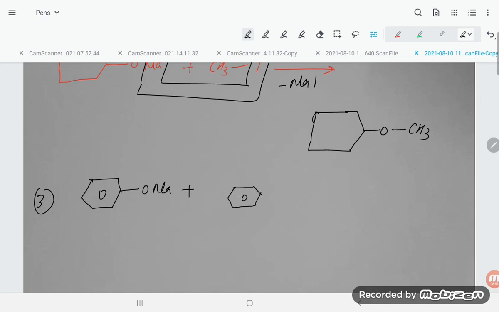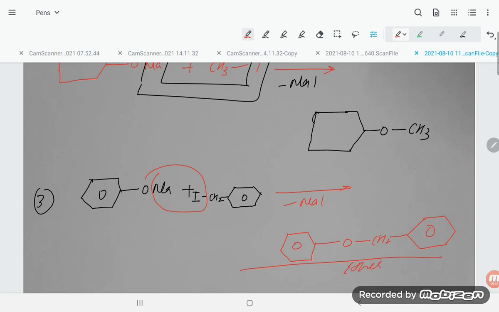This is the benzylic halide. Here is CH2 and here is I, right? So dear student, NaI is out, minus NaI. So what is the product that is going to be formed, dear student? Here is O, here is CH2, this is the product, dear student. This is the ether, student.